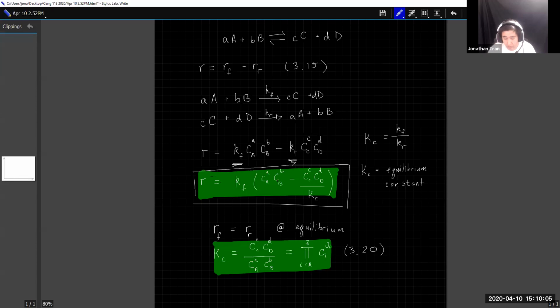And so now using this information, we can define a rate law for a reversible reaction, and we defined a Kc. So we can work through an example real quick of how you would deal with these.